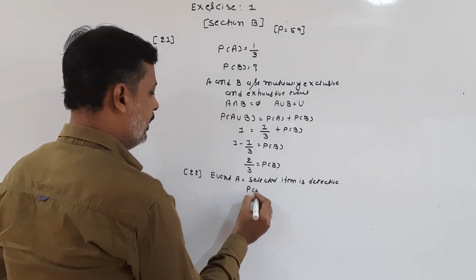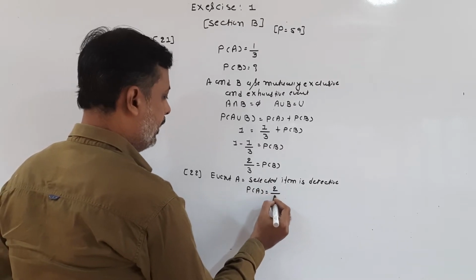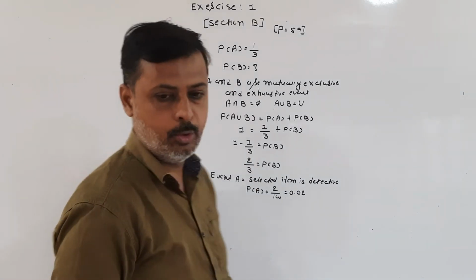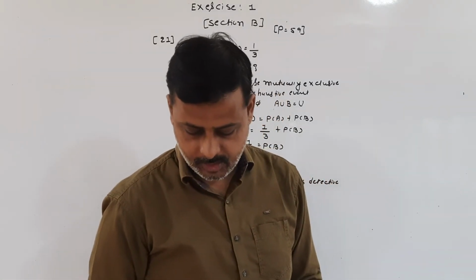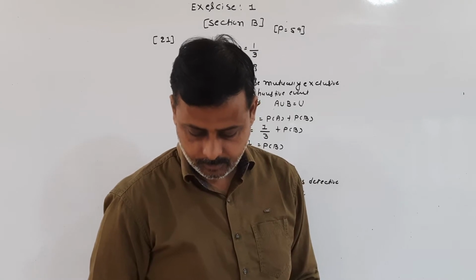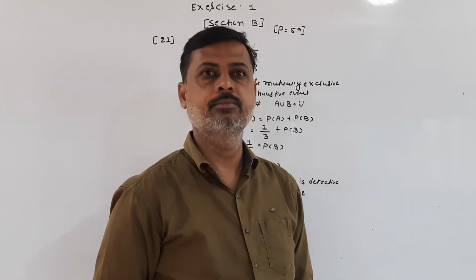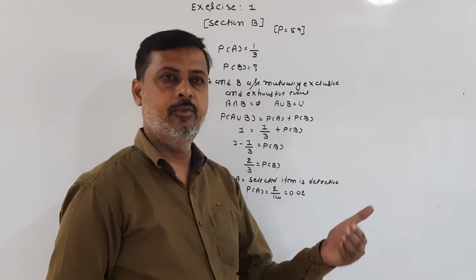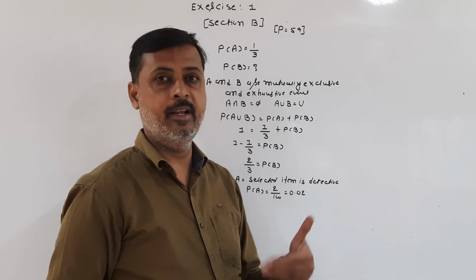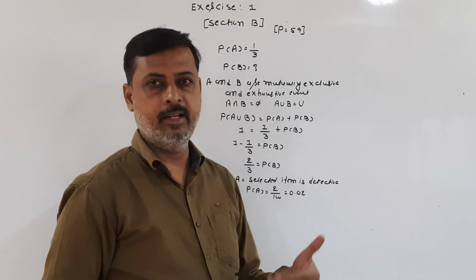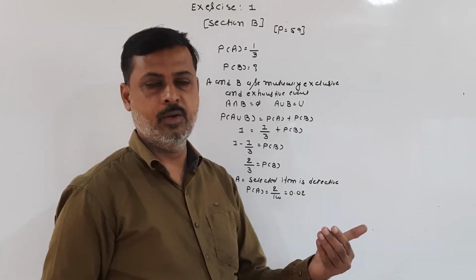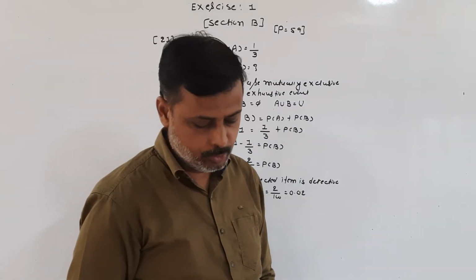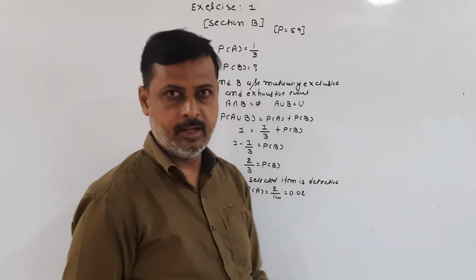So 2% is defective, 2 divided by 100, that is 0.02. The answer required is non-defective, which means event A does not occur. That is A dash. P of A dash is equal to 1 minus P of A. So 1 minus 0.02, that is 0.98, the answer.